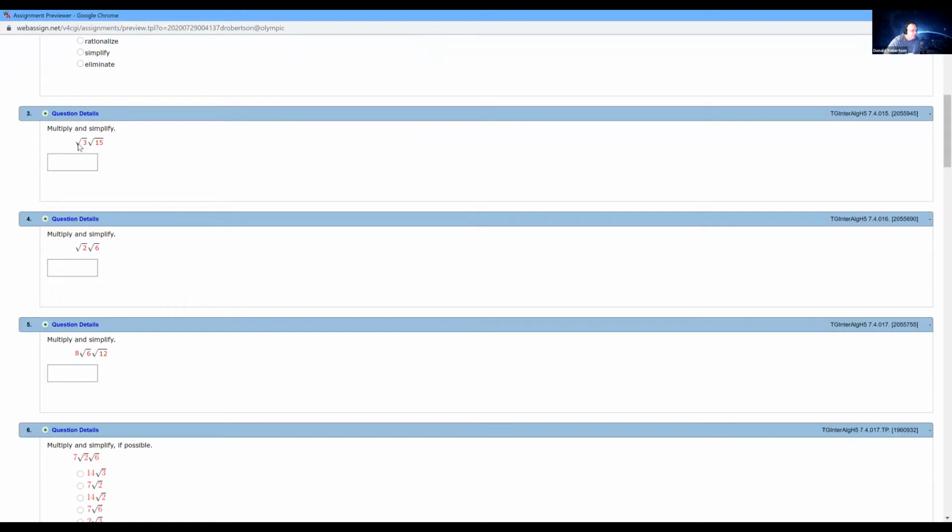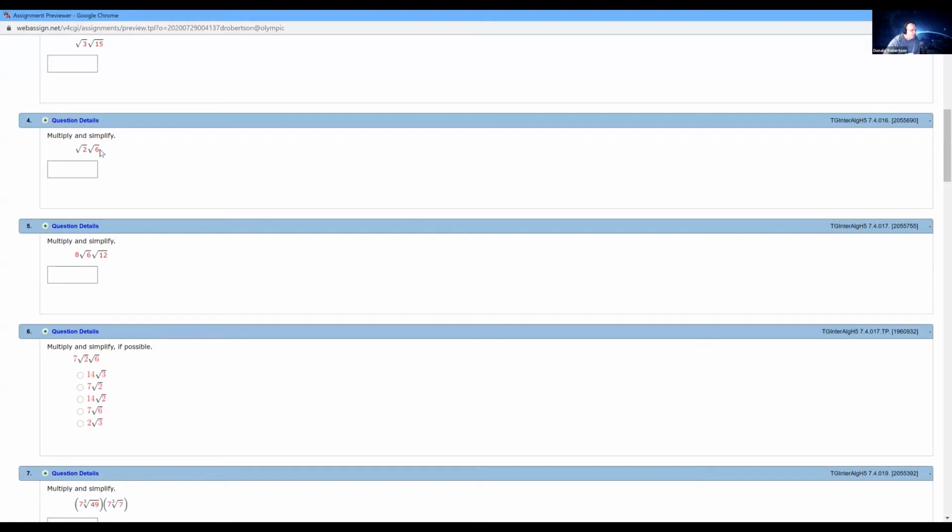Would you agree that quite a lot of these questions are not too bad? If I was going to do question 3, wouldn't I multiply them together and get the square root of 45 and then simplify? What, 2 lines? Done. Wouldn't that be the square root of 12 first and then simplify second? Done.